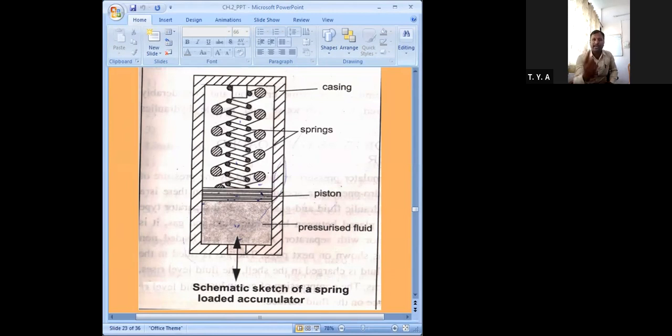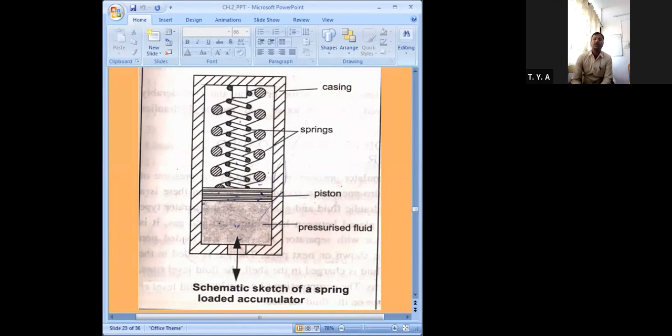When fluid comes in from the downward direction, from that port, due to the pressurized fluid the piston will move upward, and that time the spring is going to compress, getting it?